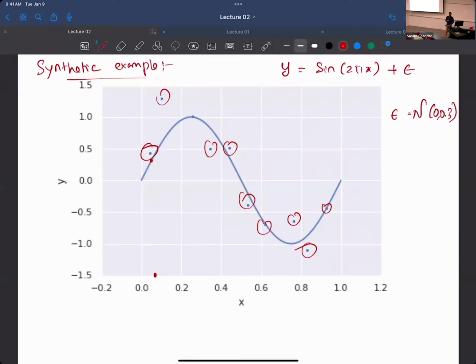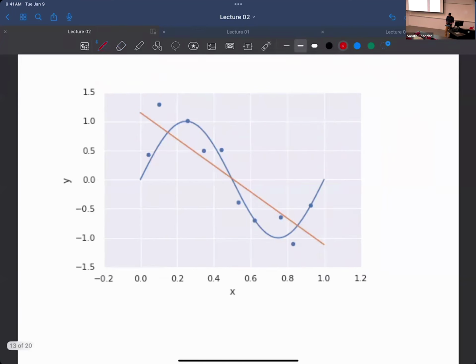So what would happen if I just use my linear regression model? It's not going to fit well. So what can we do with the linear regression model? We can just draw lines, right? If I just fit the linear model that we developed before the break, this is exactly how that model is going to look. Not too bad.